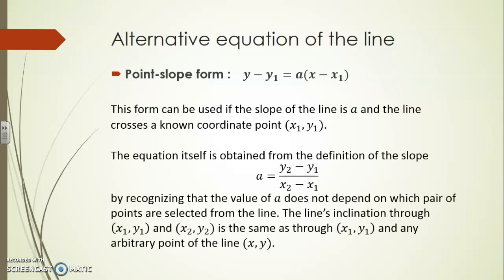The equation itself is obtained from the definition of the slope. If you recall, a is obtained by finding the ratio of y2 minus y1 over x2 minus x1, and by recognizing the fact that the value of a should not depend on which pair of points are selected from the line. The line's inclination through x1, y1, x2, y2 should be the same as the inclination through x1, y1, and any other arbitrary point, x, y.